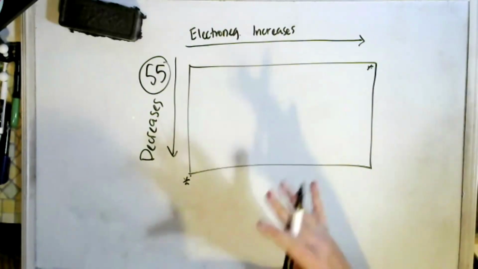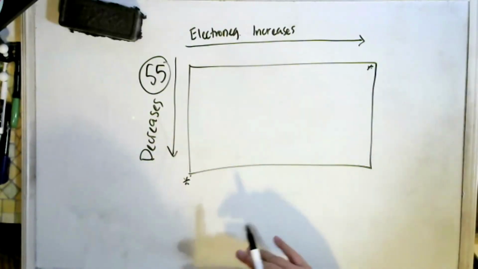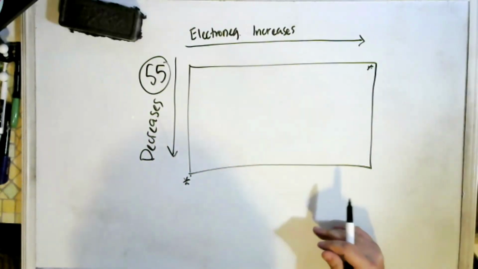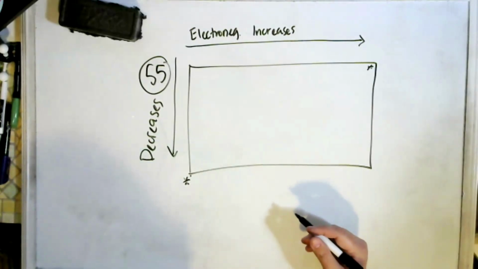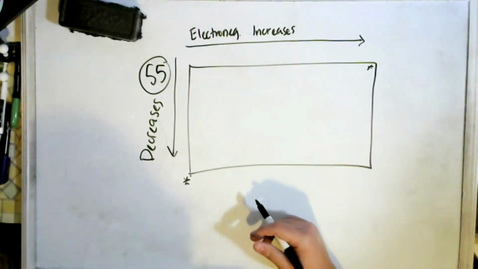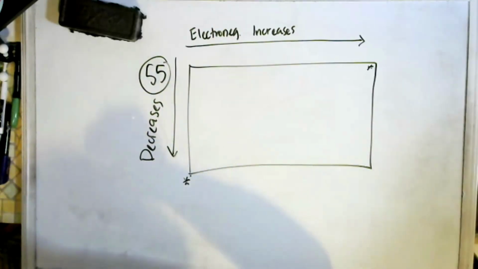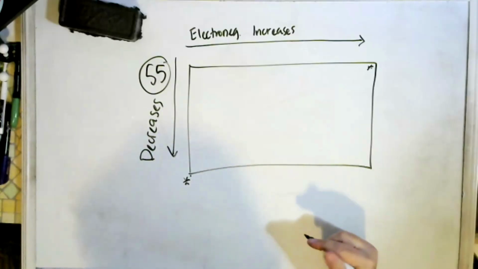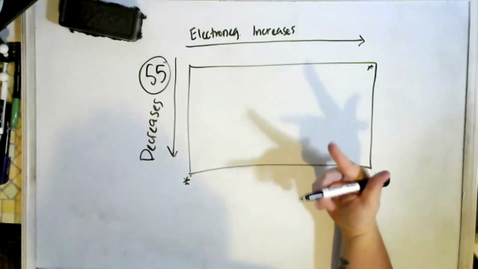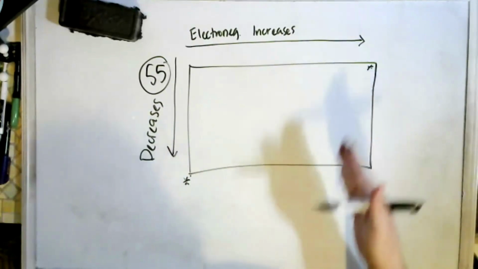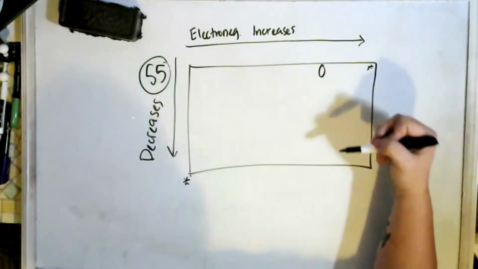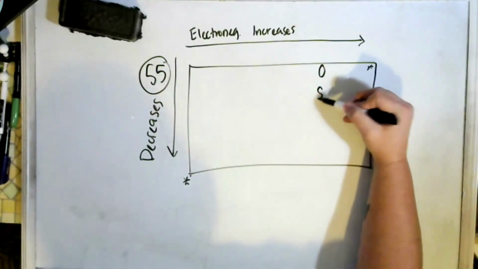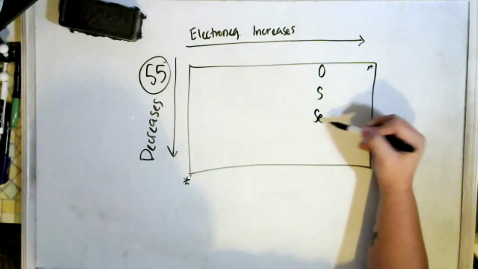Also, I'm going to have to upload new answers. If you're watching this video after I've already made the change, then don't worry about it. But the answer that they're currently telling you is correct for number 55 is not correct on the answer key. The answer choices are oxygen, sulfur, selenium, and tellurium. They're all in group 6A.